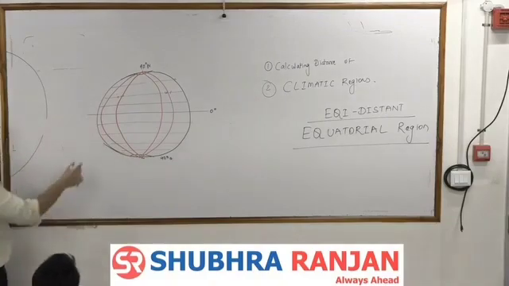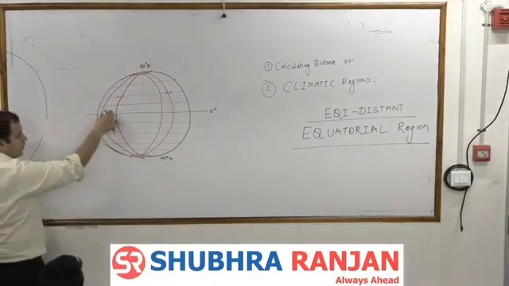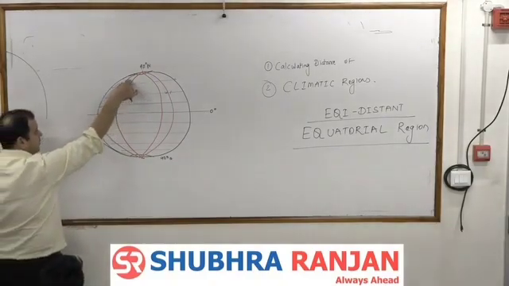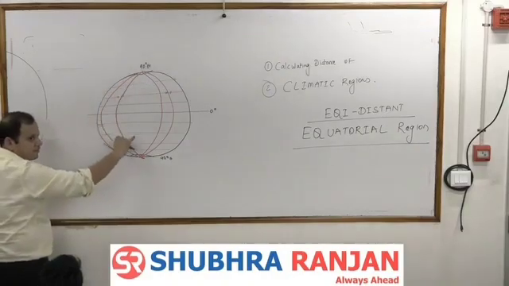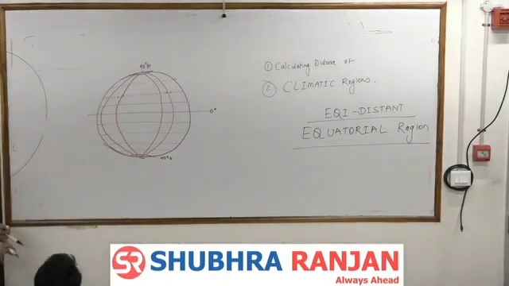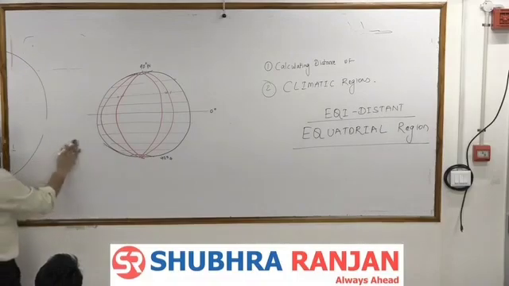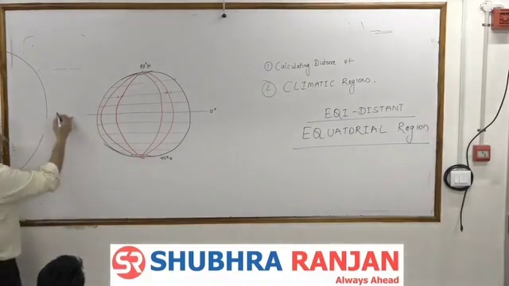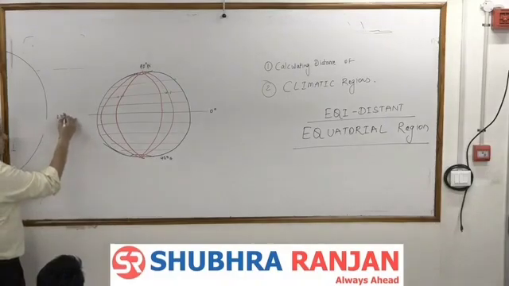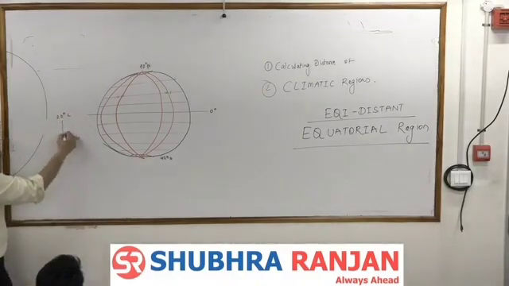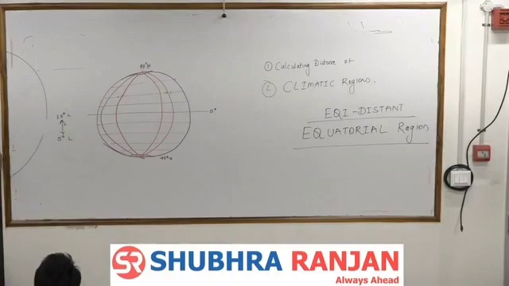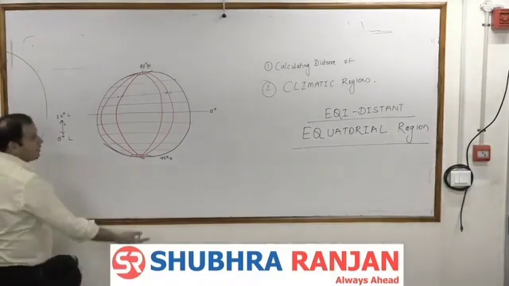The distance between the two longitudes is not the same. If you tell your friend that you are located on 5 degree latitude and your friend says he is located on 20 degree latitude, you can calculate the distance between the two of you. But if you tell your friend that you are located on 5 degree longitude and he says he is located on 20 degree longitude, then where?